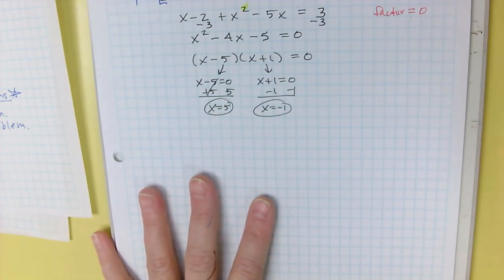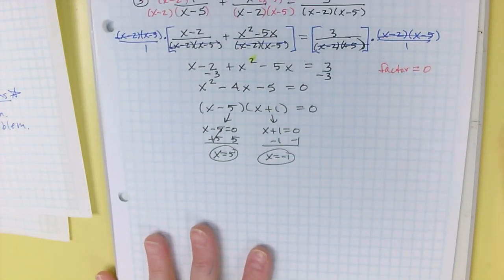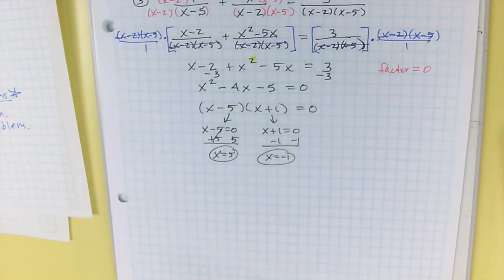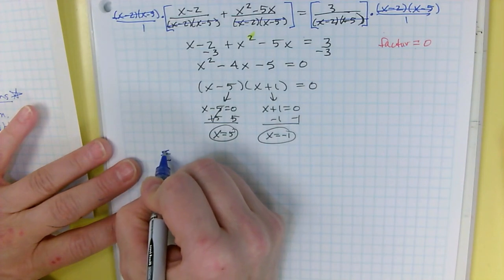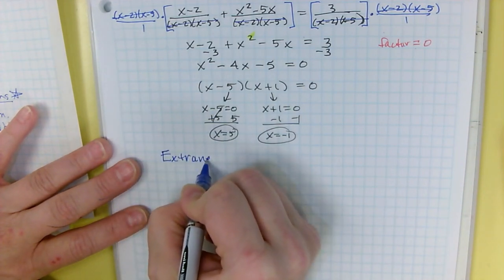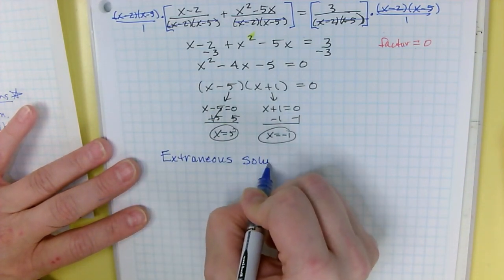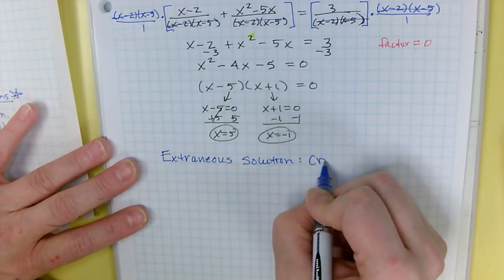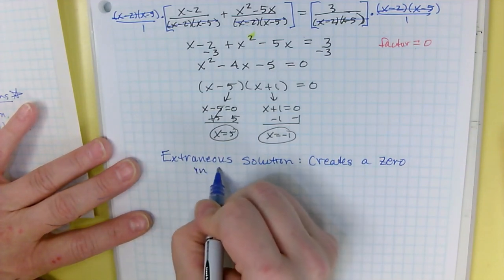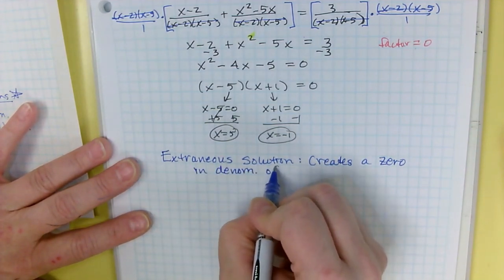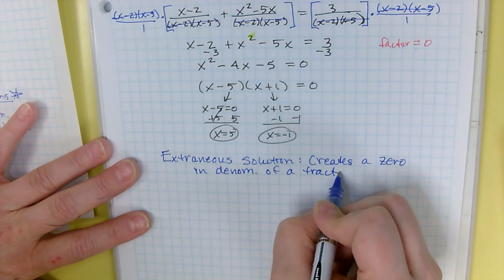Okay, here is where you have to check for extraneous solutions. In particular, when you get more than one answer, there's a higher likelihood that one is extraneous than when you get one answer, but you always want to check. So in this context, an extraneous solution creates a 0 in the denominator of a fraction.